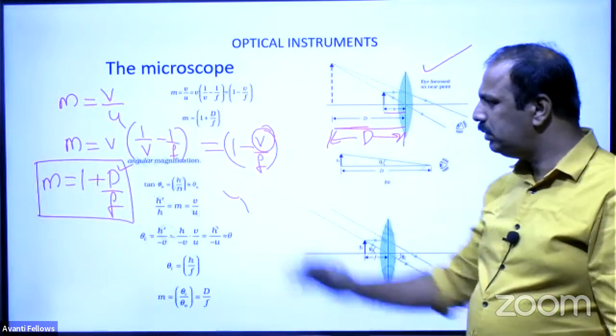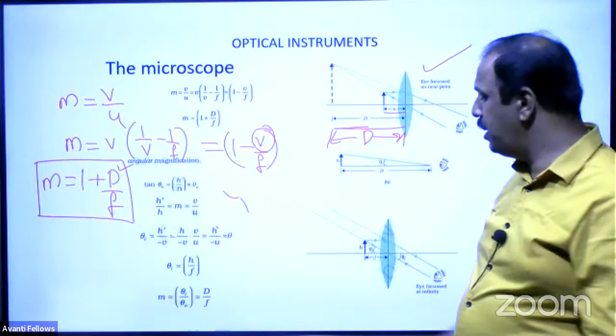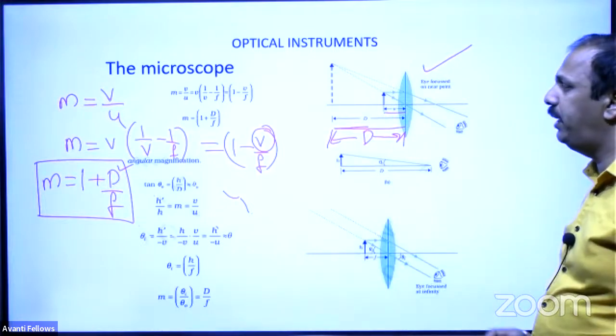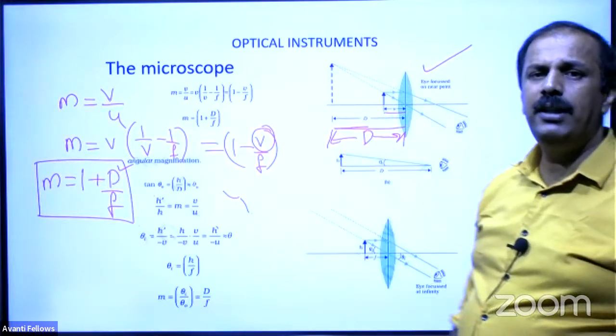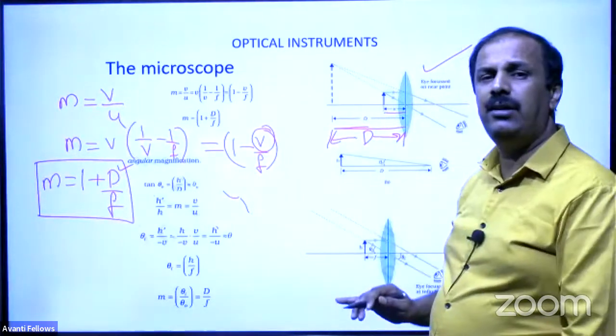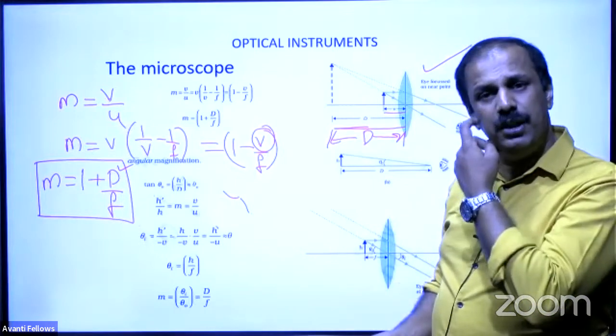Now we'll go for the magnification when the image is formed at infinity. The important point is that when the image is formed at infinity, we cannot get the value of V because it's at infinity, so the magnification cannot be taken as infinity either.